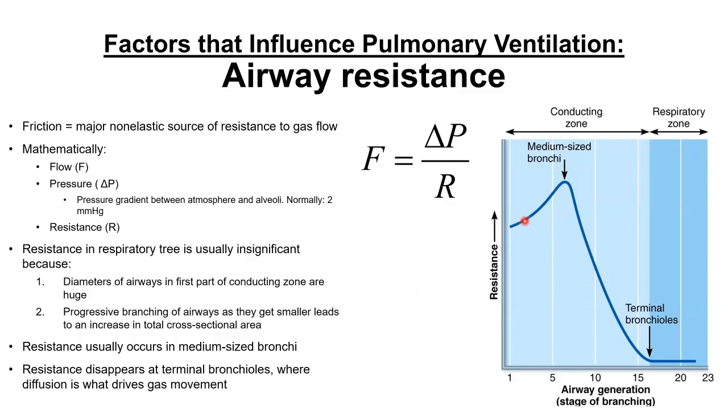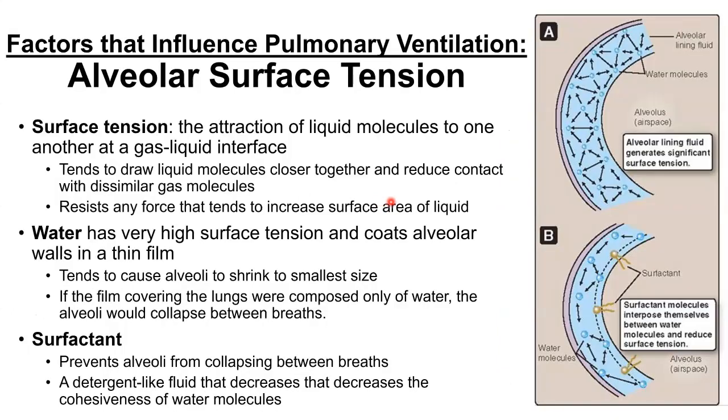That would significantly increase resistance, which could decrease the flow of air from the environment to the alveoli and vice versa. Some other things we have to overcome in order to accomplish ventilation include the alveolar surface tension.